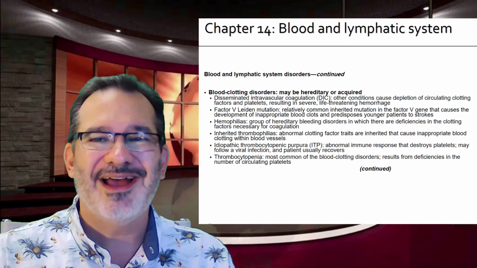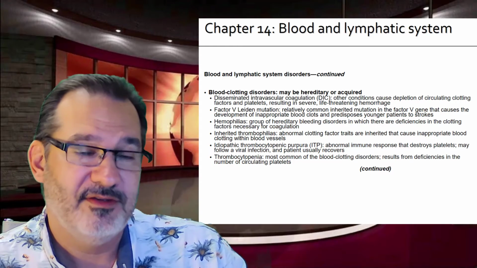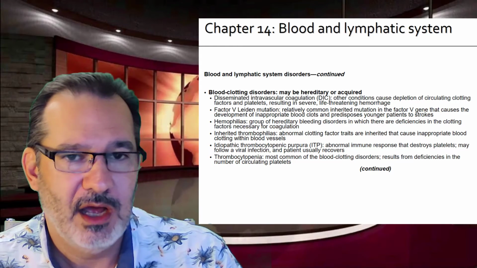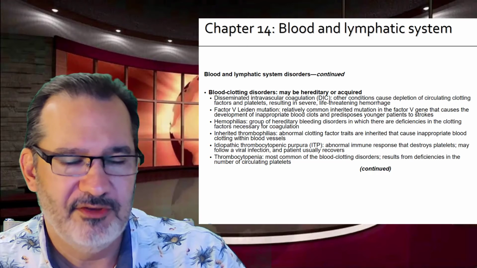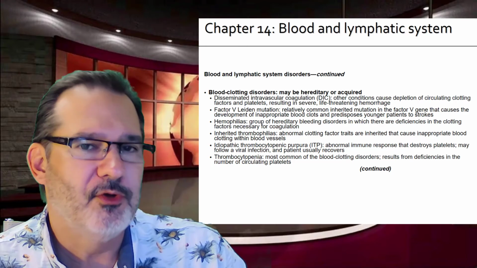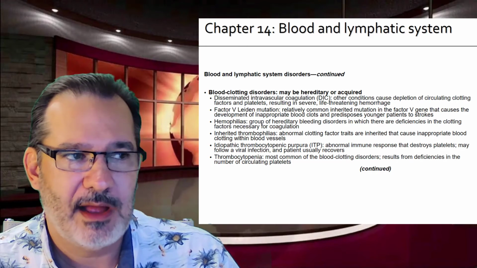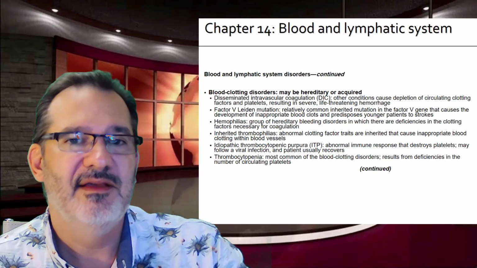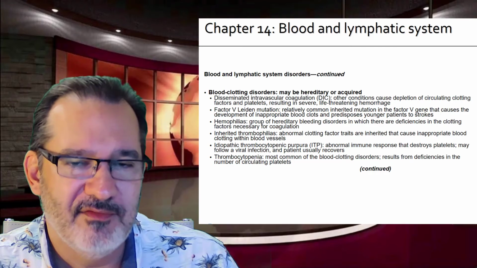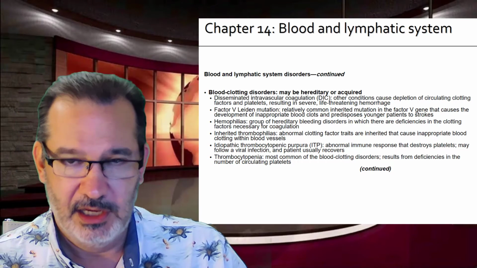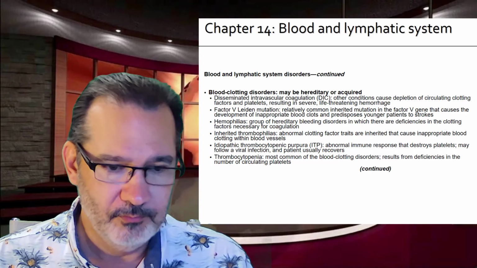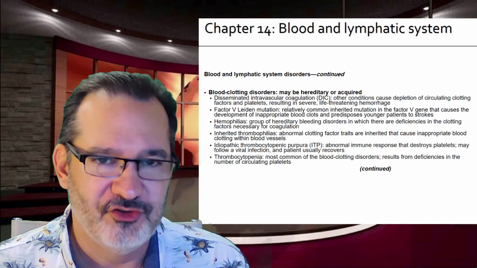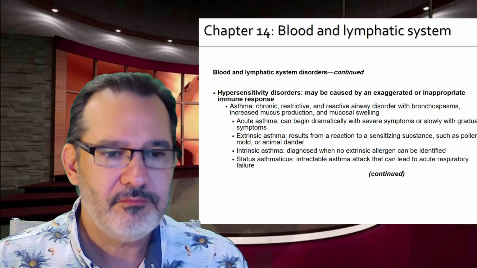So this is probably the most common blood test that I have done in my career looking for hereditary disorders, and when I was working in the industry, the most common one that we would find for somebody having a blood clotting disorder would be the deficiency in the factor V.